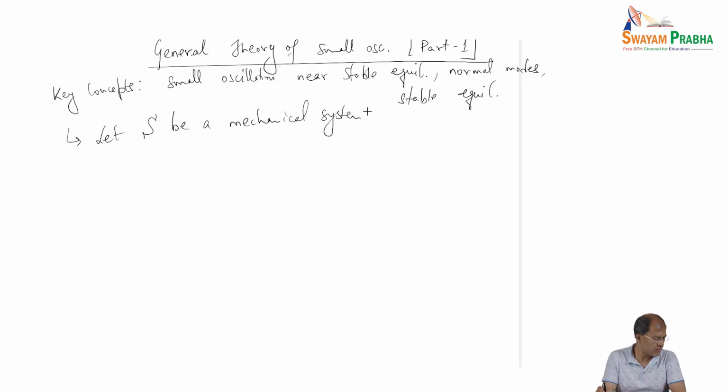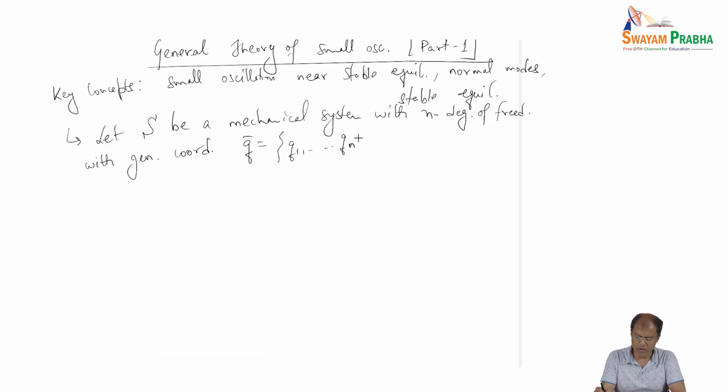Let S be a mechanical system with n degrees of freedom, with generalized coordinates q1, q2, ..., qn, and suppose S is conservative. Then the system is governed by the Lagrange equation.